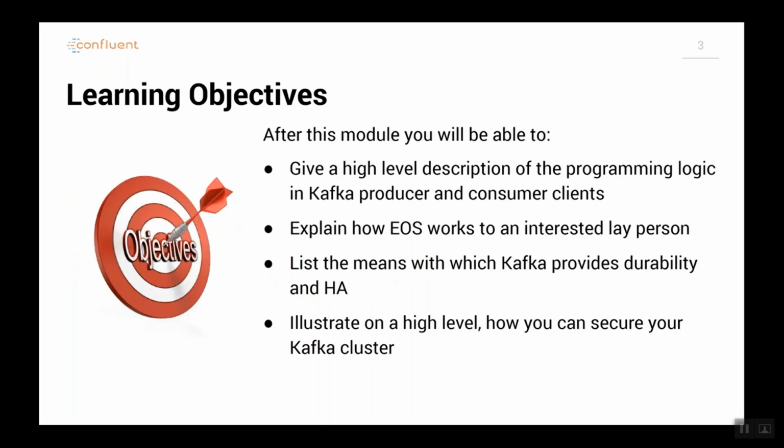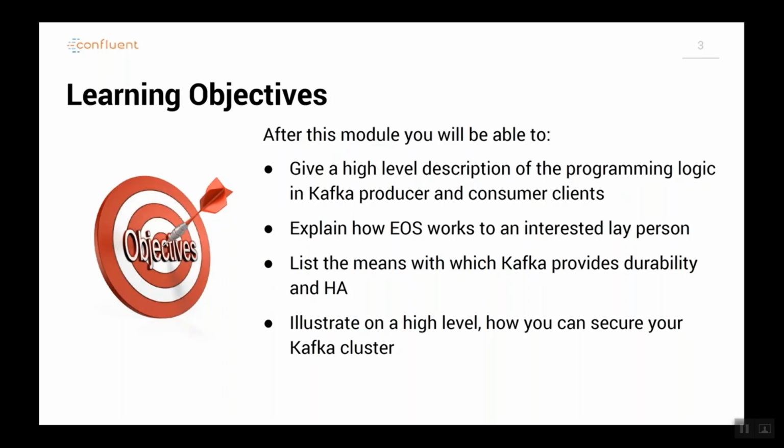So here's a summary of what we'll be covering today. First off, we'll take a high-level look at the programming logic for a Kafka producer and consumer, with some examples in Java and C#. We'll explore how replication works in Kafka and learn more about how it provides high availability and durability for our data.